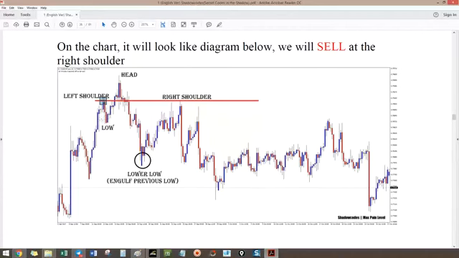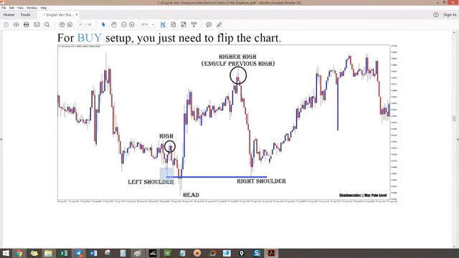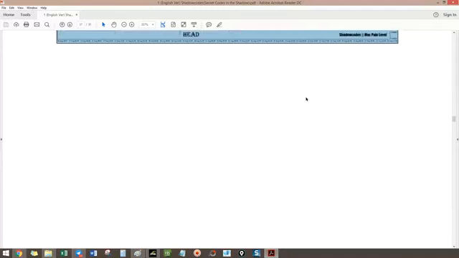You have a left shoulder, a low, a head over here, and then a lower low here, and it will retest at the right shoulder. For buy setup, you have a low, a high, a lower low, a higher high, which already breaks this, and it will retest back at the right shoulder, and it goes off. Okay, just like that.